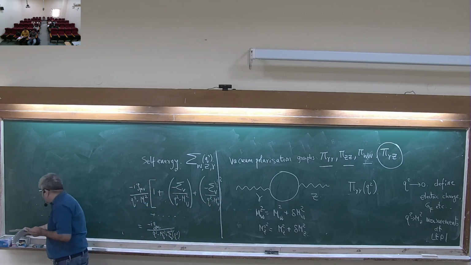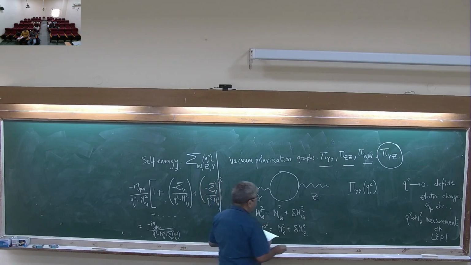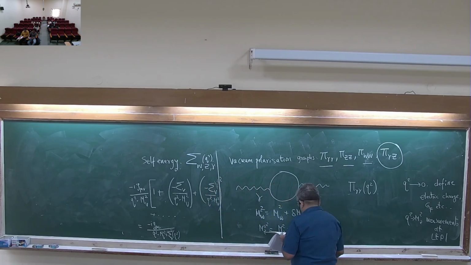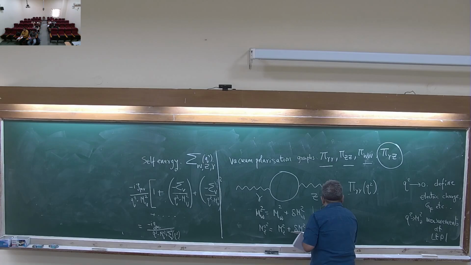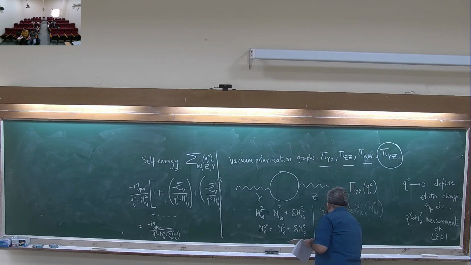With this identification, you can define at the pole, essentially at q squared equal to mW squared, delta mW squared is equal to the real part of sigma W at mW squared, and delta mZ squared is the real part of sigma Z at mZ squared.